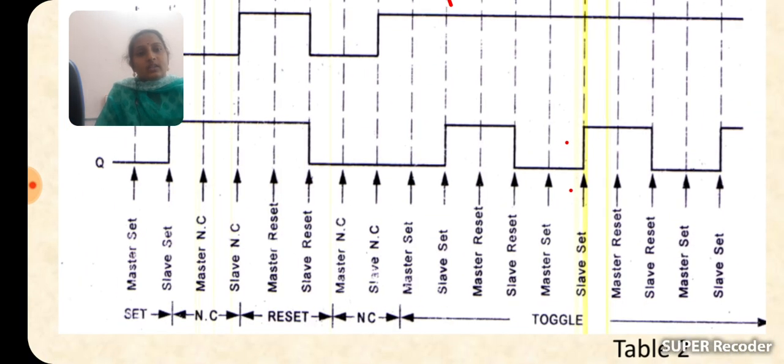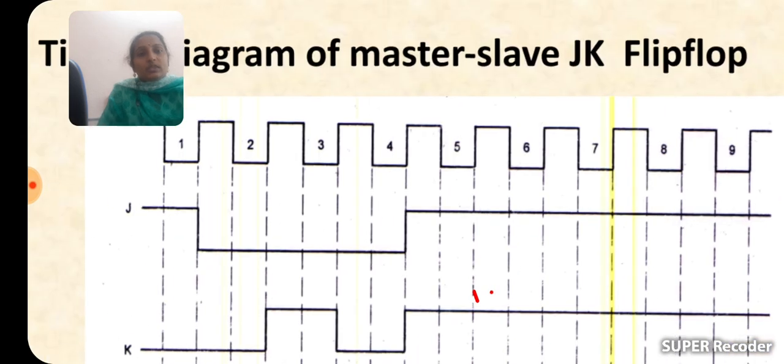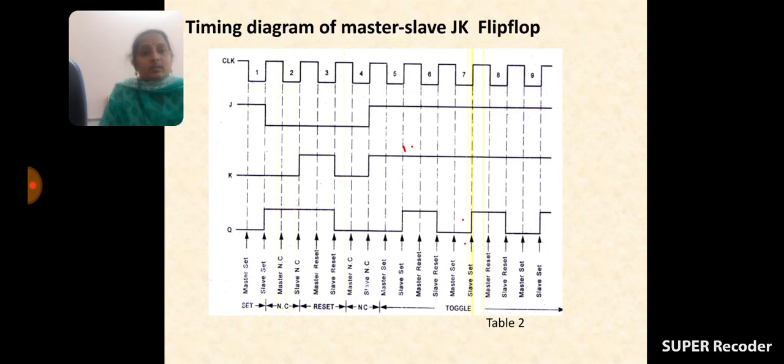For each and every clock pulse, when we apply both 1 and 1, the race around condition will be eliminated. The no change condition will occur.